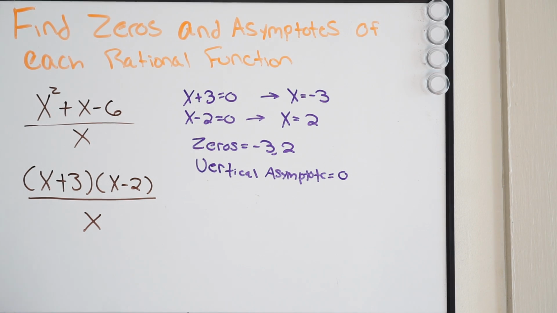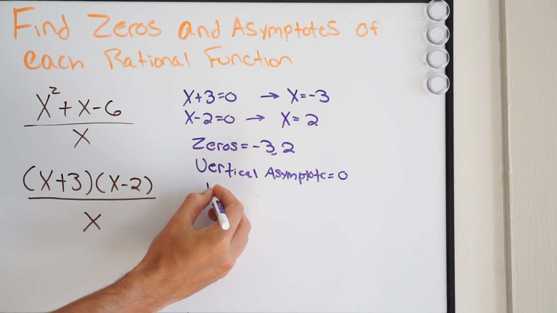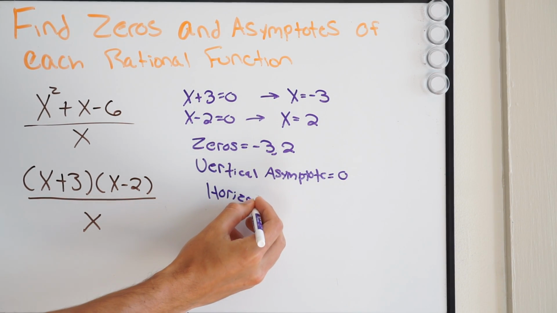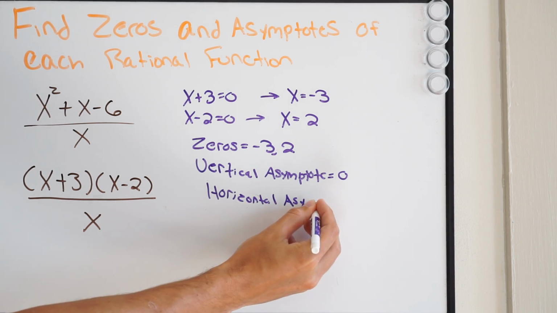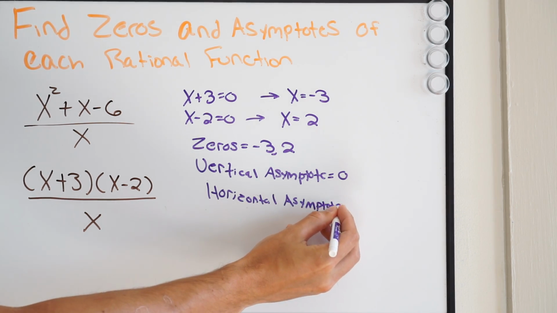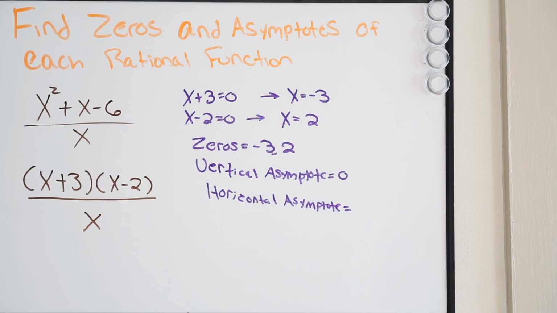Now, where does my horizontal asymptote occur? Remember, you need to use those 3 rules we talked about. We have p of x all over q of x.